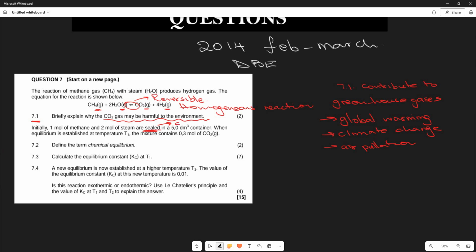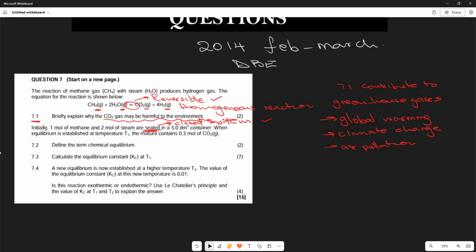So it's a closed system. If you're looking at a closed system and the reaction is reversible, those two are the conditions for equilibrium. For us to be able to reach equilibrium, or to talk about equilibrium, the reaction must be reversible and the system must be closed.